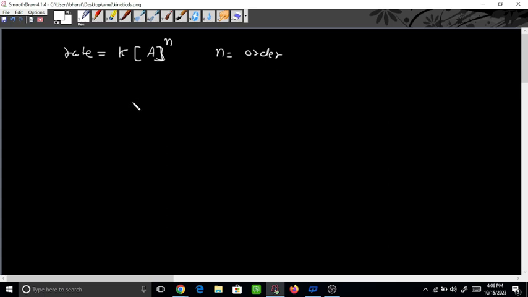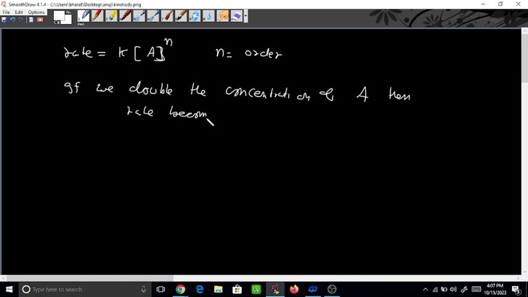Then if you change the concentration, suppose if you double the concentration of A, then rate also becomes double.